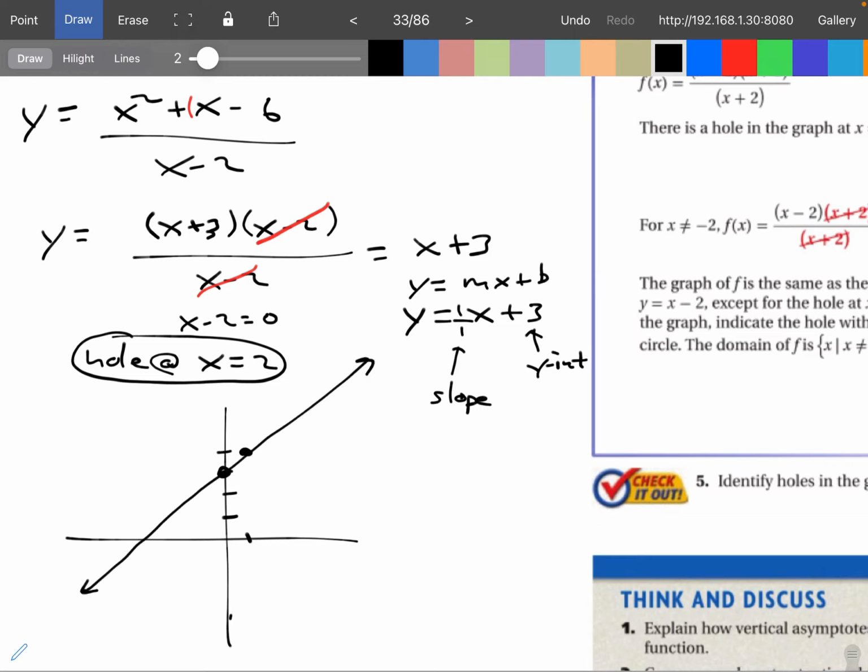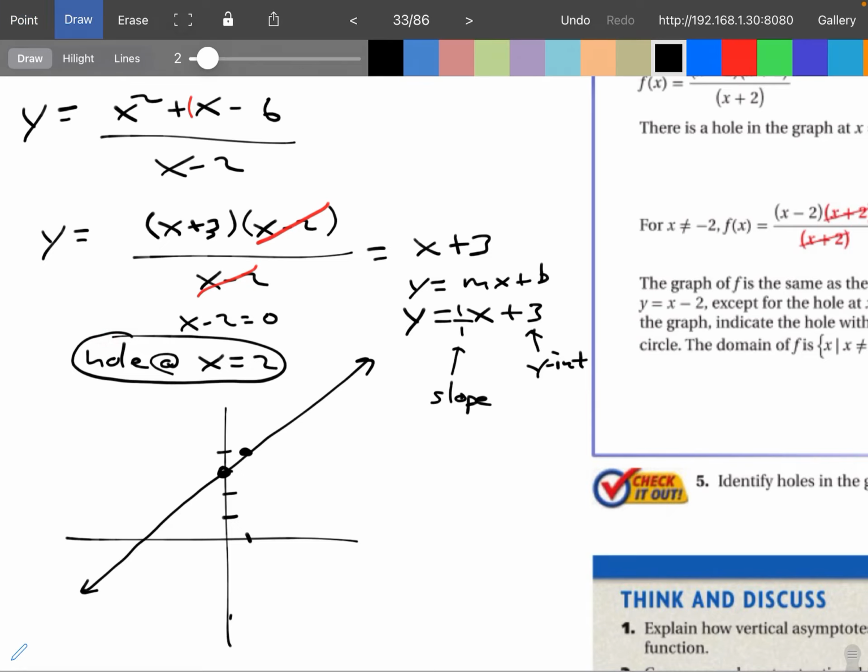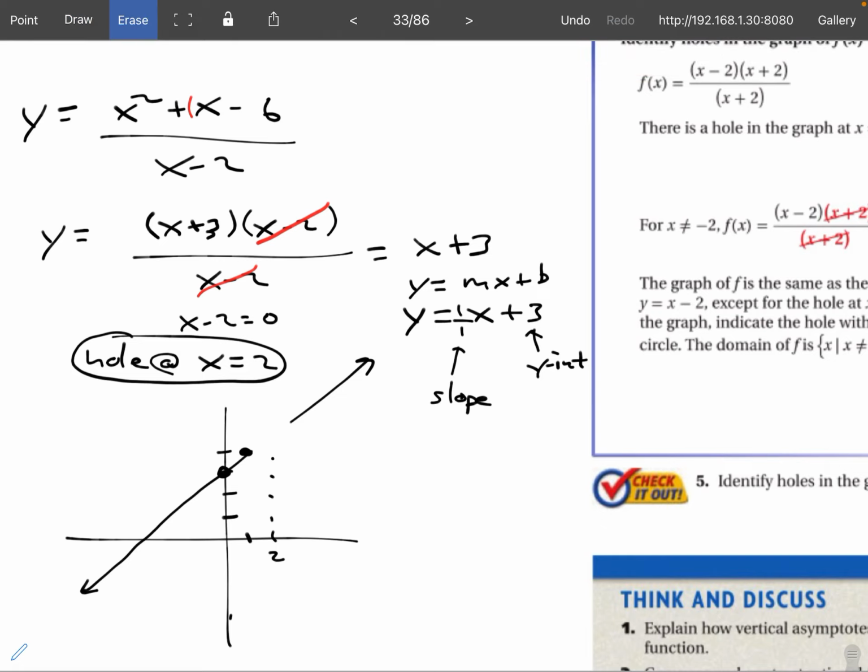So if I go up 1, right 1, that gives me a point right here. So that means my graph actually looks like a straight line. It looks like this. But with one exception. It's supposed to have a hole at x equals 2. So if you go to x equals 2, and you come up here and hit the graph, right there, there is going to be a hole.